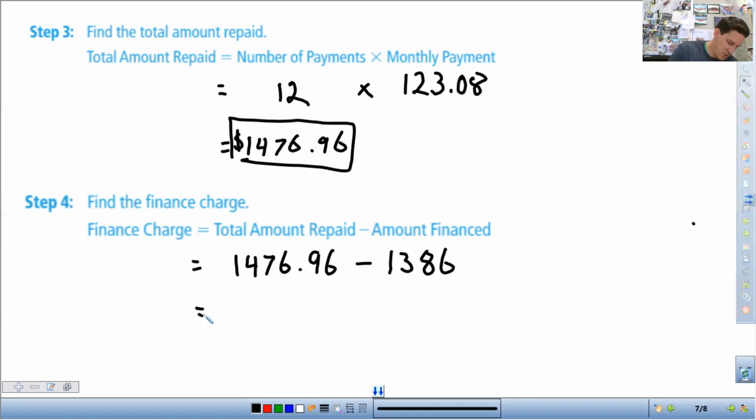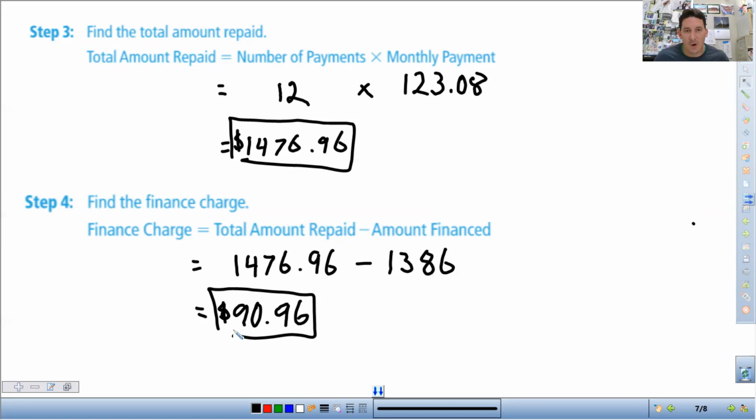So when we subtract those, we get $90.96. So you're paying almost $100 more for the refrigerator for financing it instead of just buying all in cash.